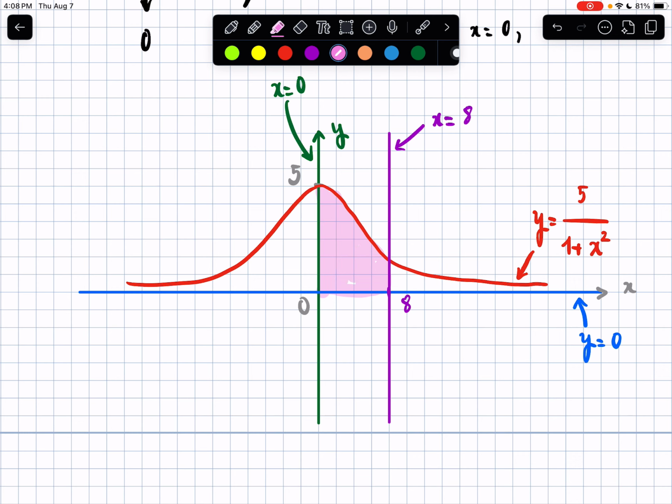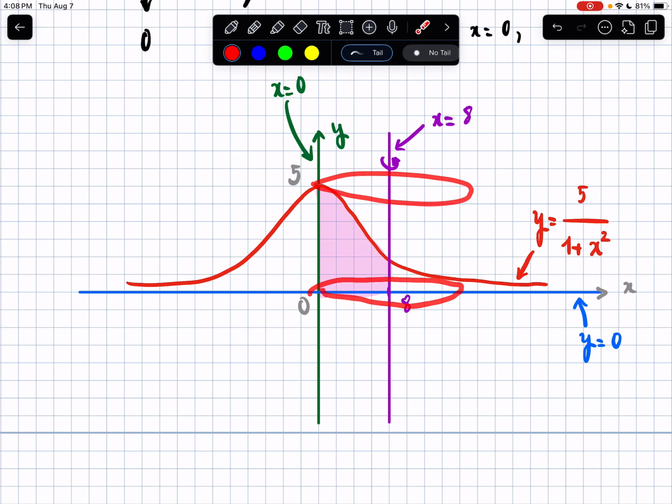Now we need to revolve this region about the axis x equals 8. So we revolve it about this axis, and then we have the hollow part here. The whole solid looks like this, and this part is empty.